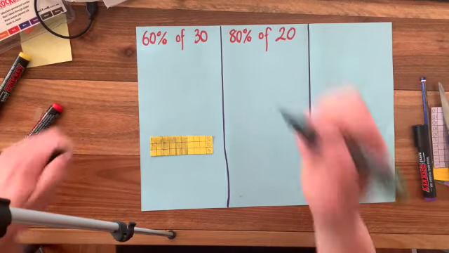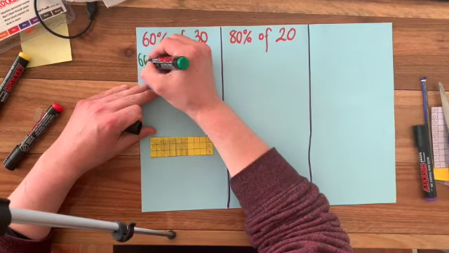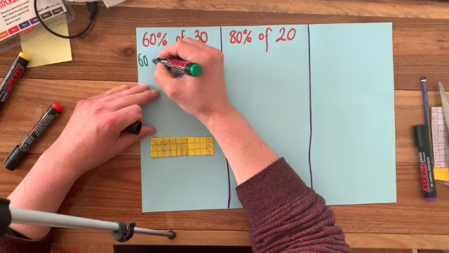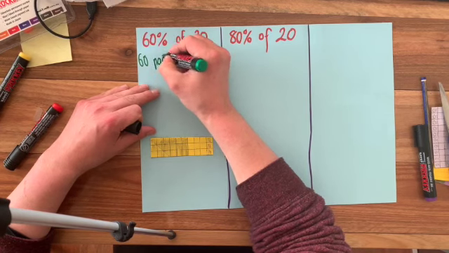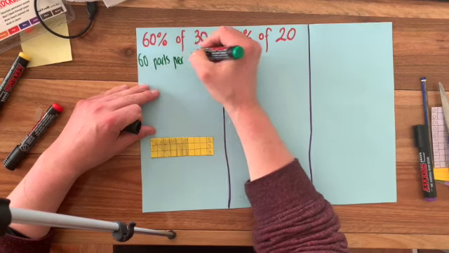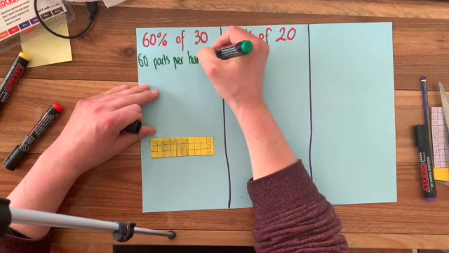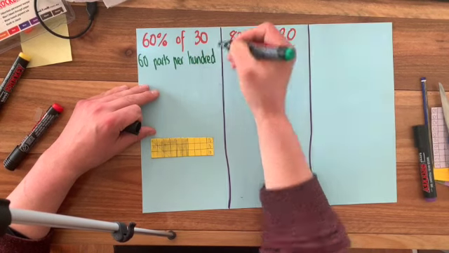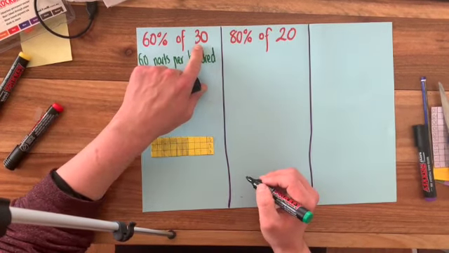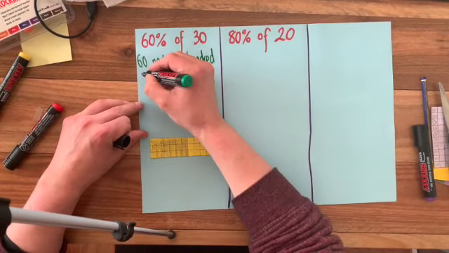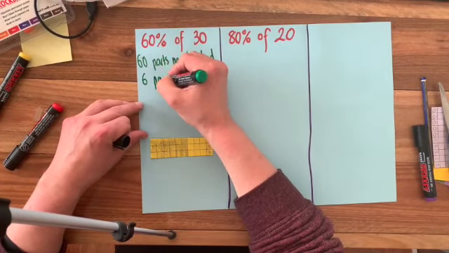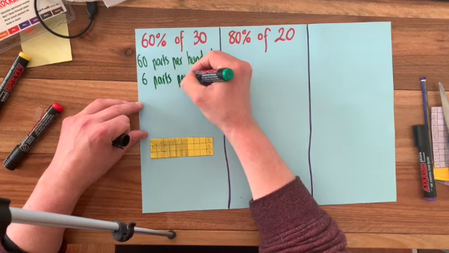So we know that 60% means 60 parts per 100. But we also know since we don't have 100, we need to go 6 parts per 10.